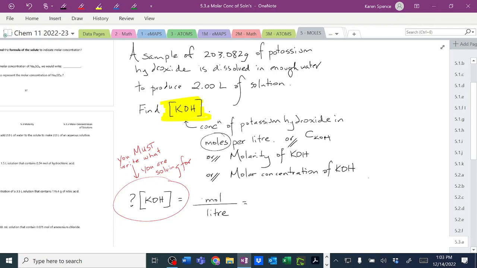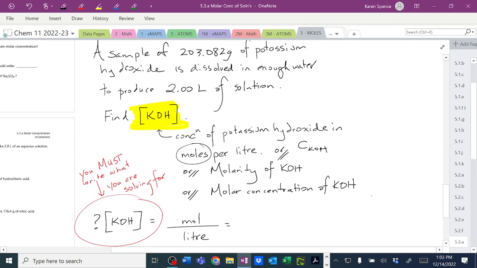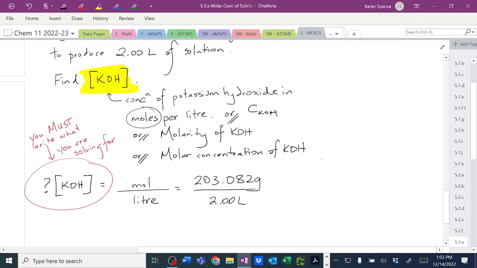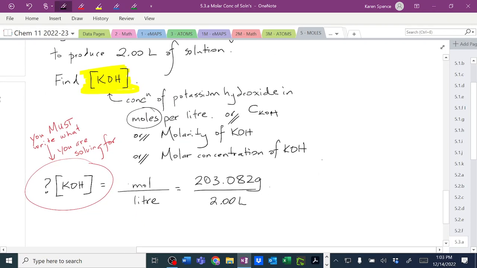But right now I'm going to say, I don't know my moles per liter, but I do know that I have 203.082 grams per 2.00 liters. And I don't want grams, I would like to have moles. So I need to cancel my grams and find my moles.